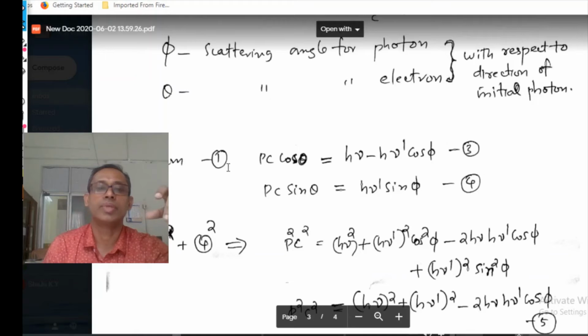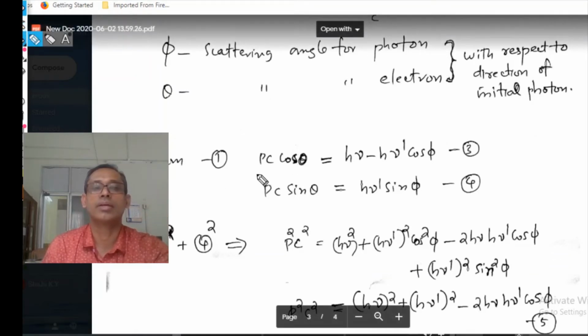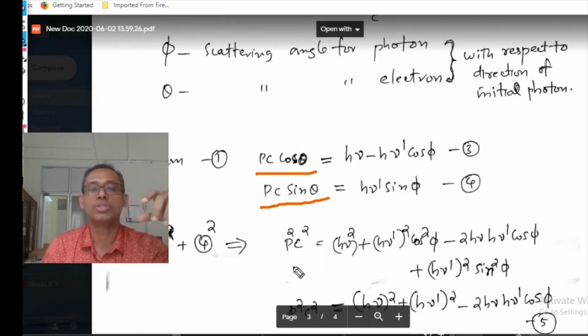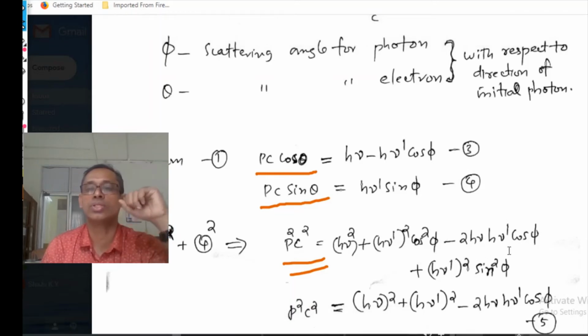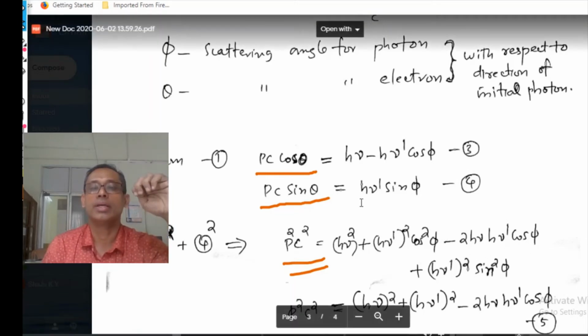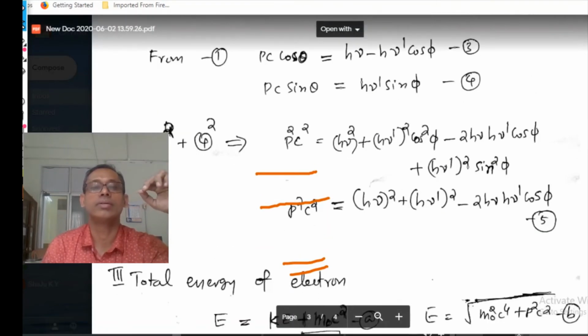Now I have Pc cos theta on the left hand side of equation 3, and Pc sin theta on the left hand side of equation 4. So I am squaring and adding them. So I get P square c square is equal to (h nu minus h nu prime cos phi) square plus h nu prime square sin square phi, which expands to h nu square plus h nu prime square cos square phi minus 2 h nu h nu prime cos phi plus h nu prime square sin square phi.